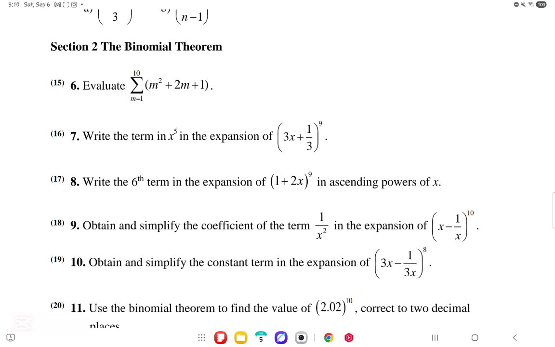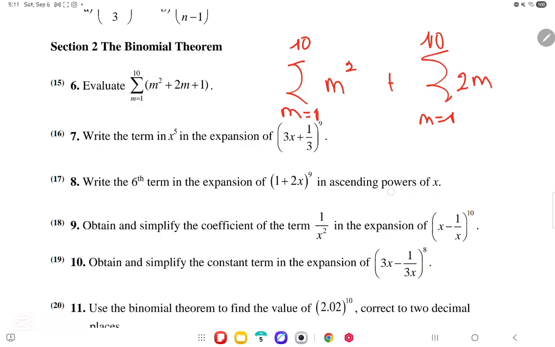First thing you're going to do is separate the sigma notation and give it to each one, or distribute it. So, sigma notation 10, m equals 1, m squared, plus sigma notation 10, m equals 1, 2m. Then again, plus sigma notation 10, m equals 1, and then we put 1 over here.